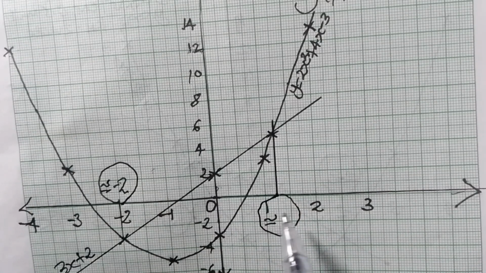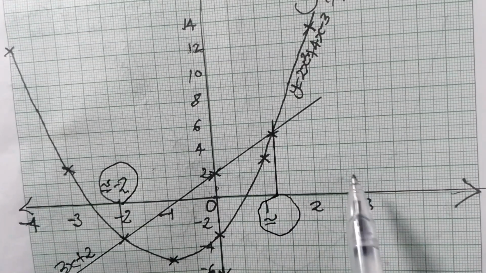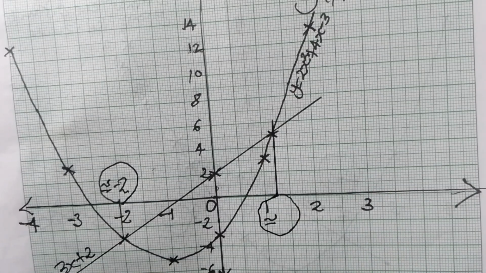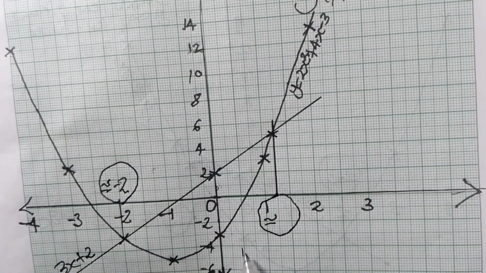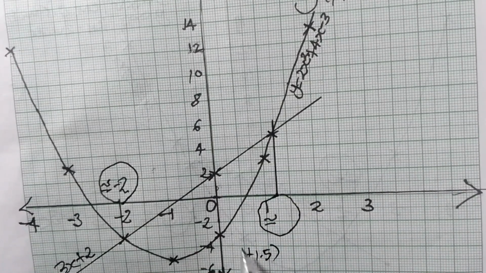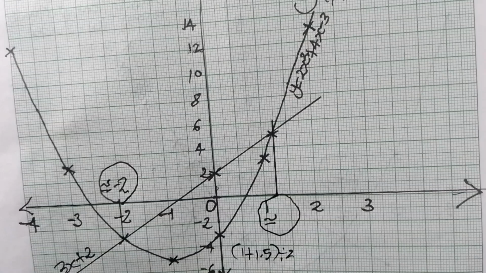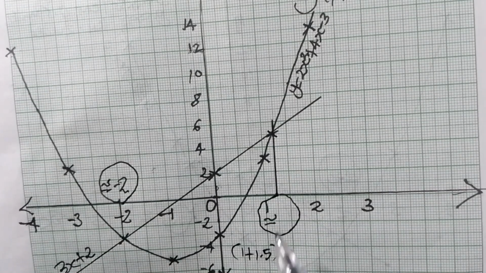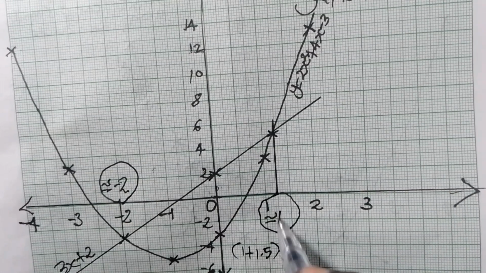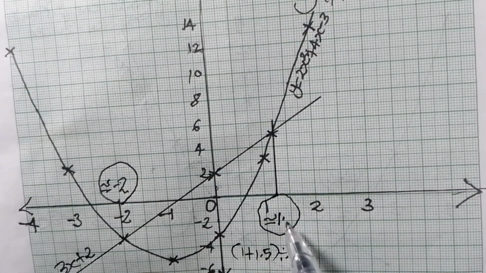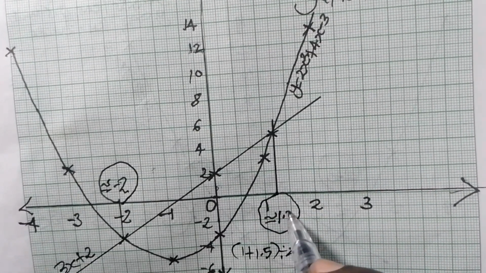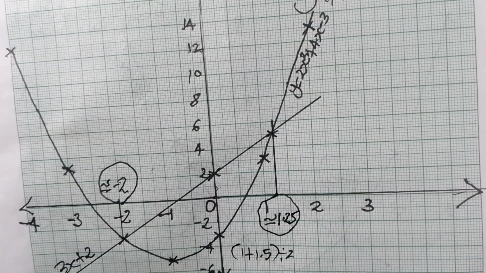It lies between 1 and 1.5. So to get this value, we are going to get 1 plus 1.5, and then all this divided by 2, which gives you 2.5 divided by 2. This is approximately equal to 1.25, like that.